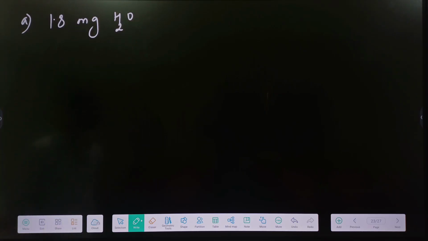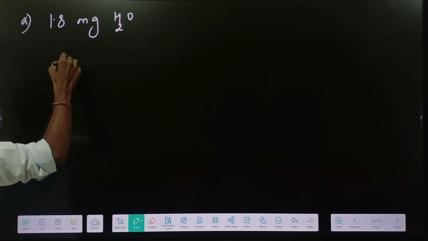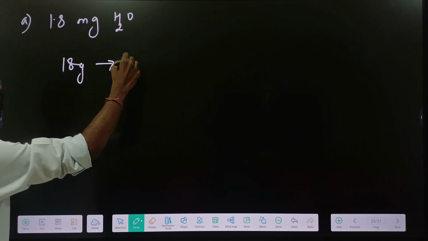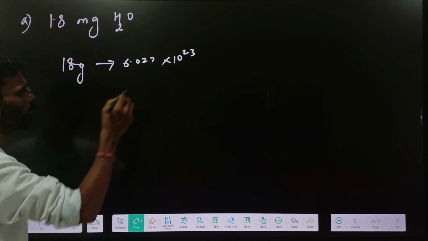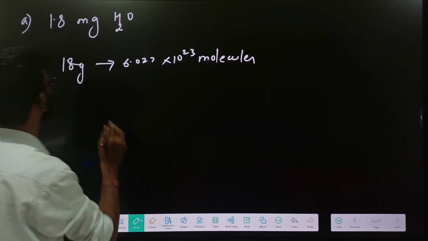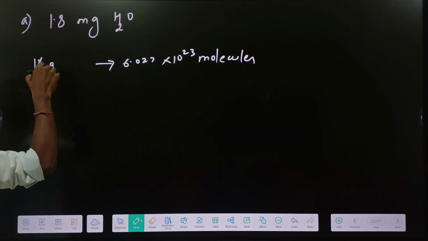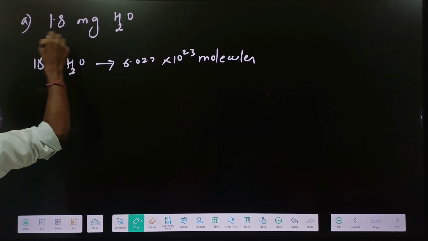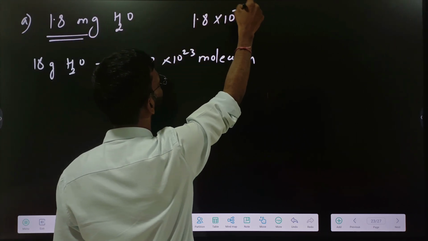First we'll find the number of molecules in 1.8 milligram. So we know that 18 gram of water has 6.022 into 10 raised to 23 molecules. 1.8 milligram means it is 1.8 into 10 raised to minus 3 gram.